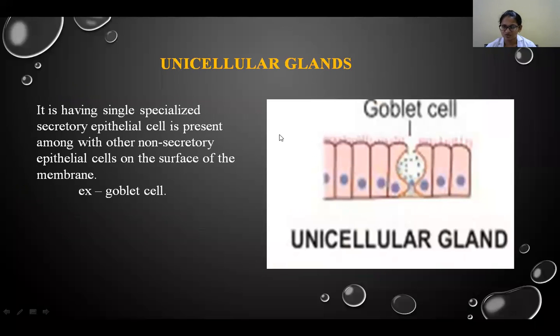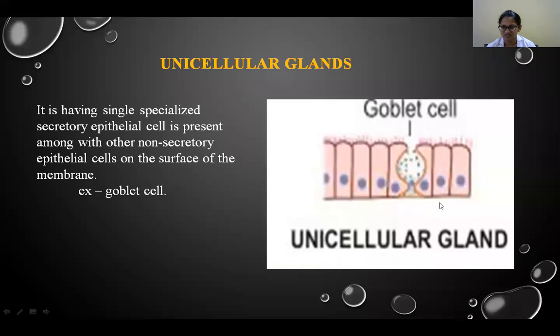Unicellular gland. What is a unicellular gland? In the name itself, uni means single. Only a single specialized epithelial secreting cell is present among all the non-secretory epithelial cells, whereas only a single epithelial secretory cell is present on the surface of the membrane.